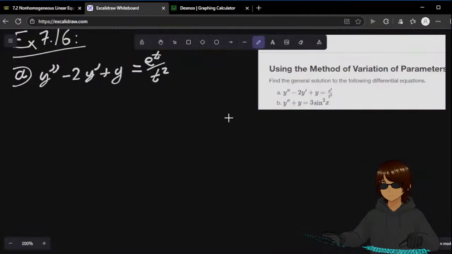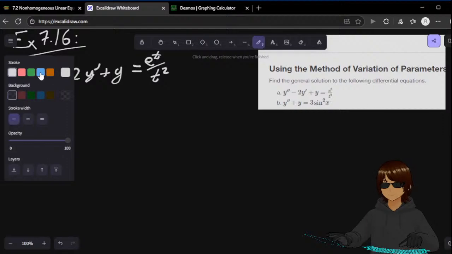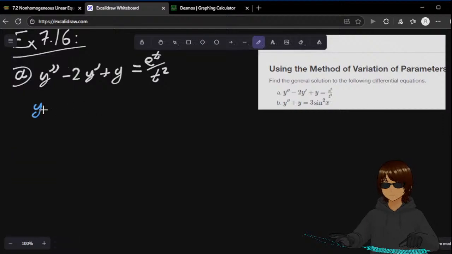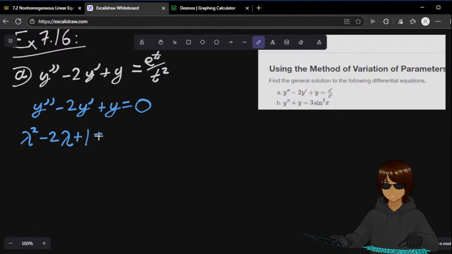Lambda squared minus 2 lambda plus 1 equals 0.